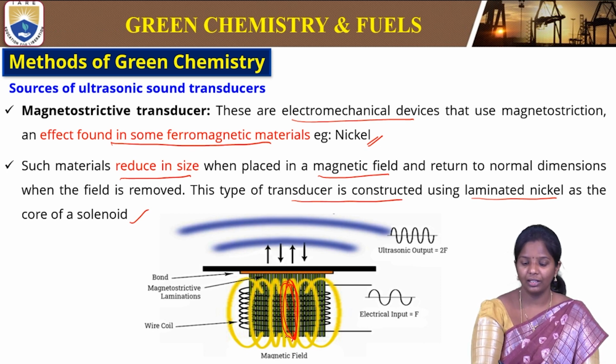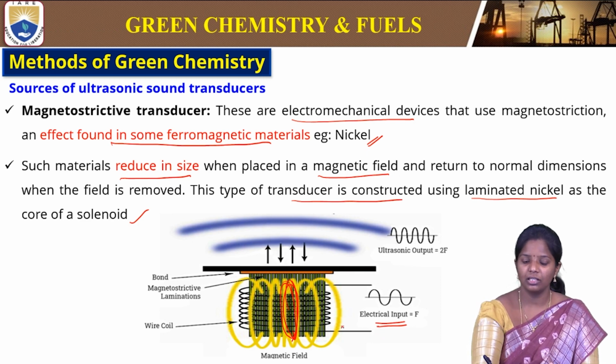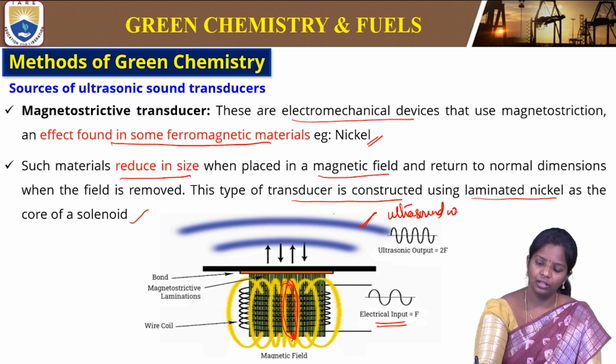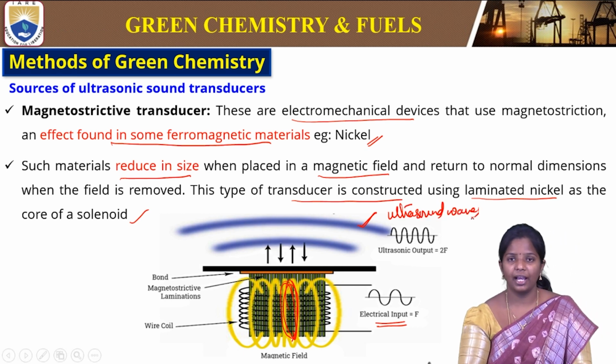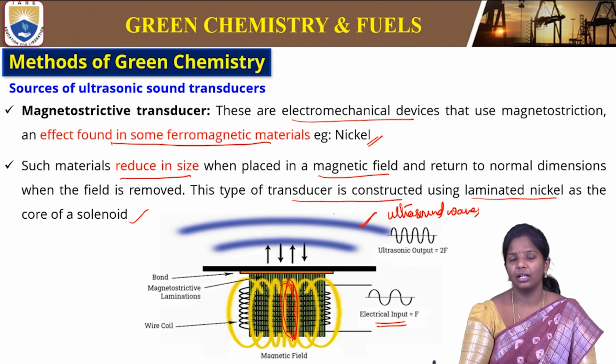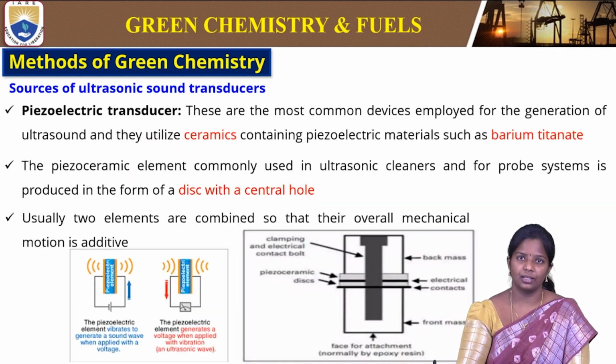Because of that, vibration takes place, and the electrical input, whatever energy we are giving, will give us sound or vibration, as ultrasound waves, which have higher frequency because of the vibration of materials under the magnetic field. It forms ultrasound waves, and these will be used for synthesis.